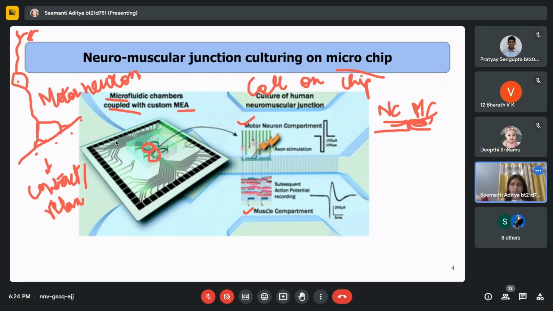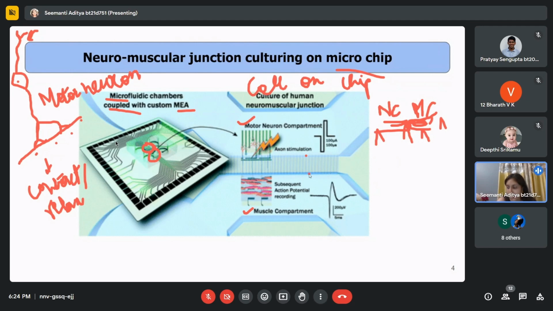So the action potential and electrical stimuli of the motor neuron cells and the muscle compartment can be measured using this again, because the cantilever systems are attached with electrodes. They have a positive electrode and a negative electrode, so cathode and anode.